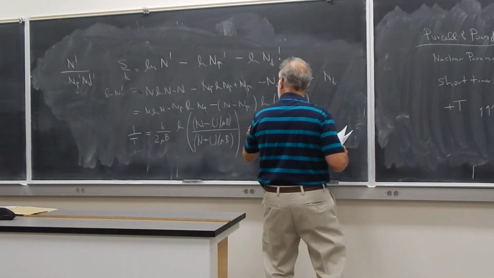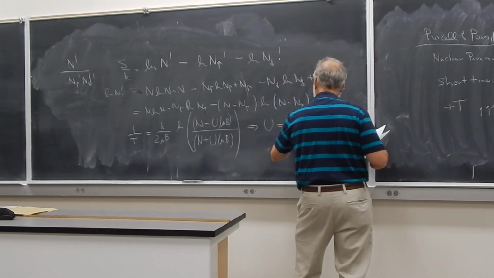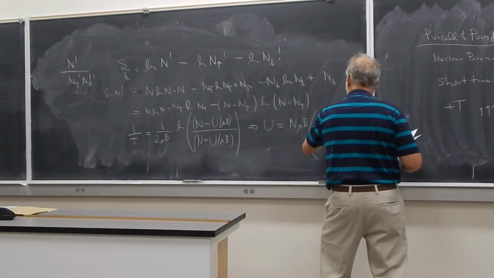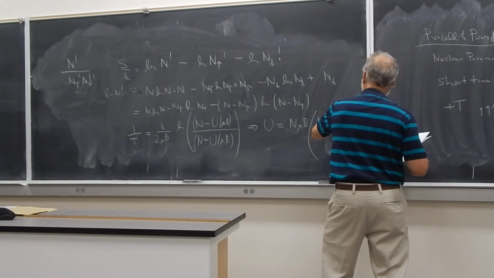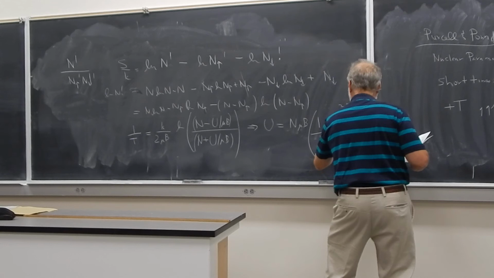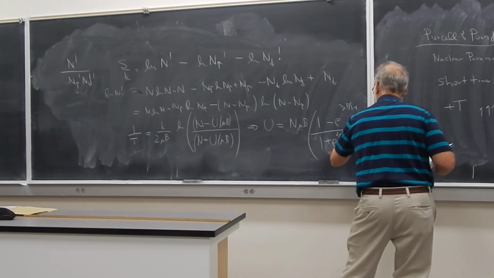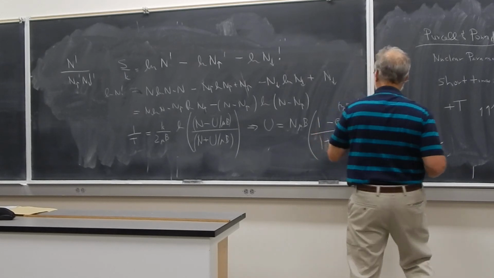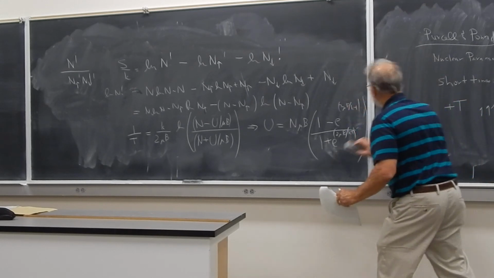Put this all together, and if I rearrange terms, I can get U is equal to N mu B times (1 minus e to the 2 mu B over kT) divided by (1 plus e to the 2 mu B over kT). Again, a ratio of the magnetic energy to the thermal energy.